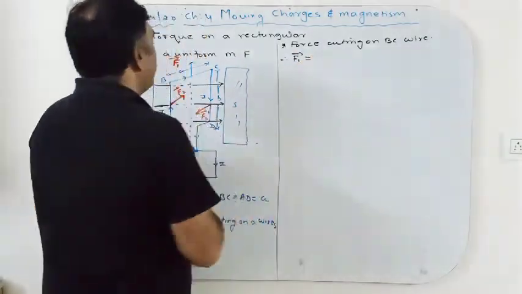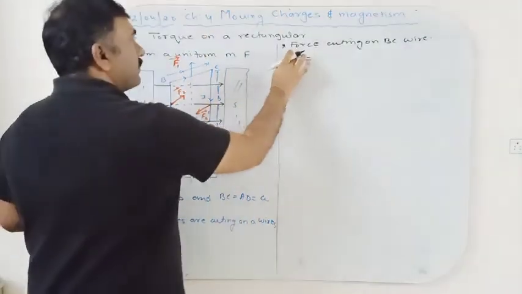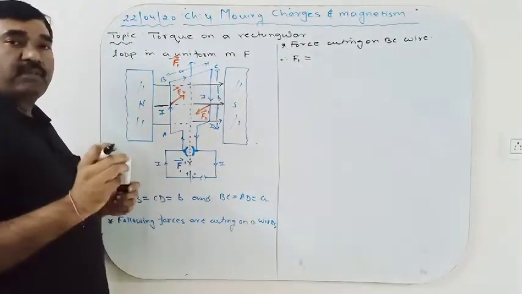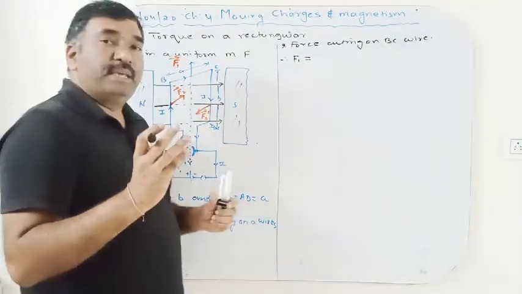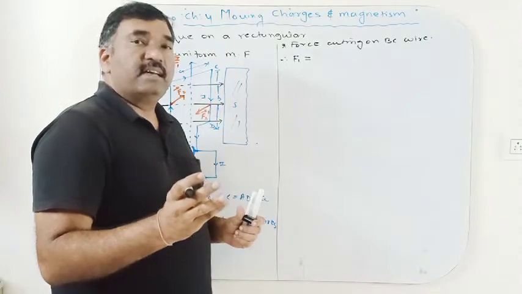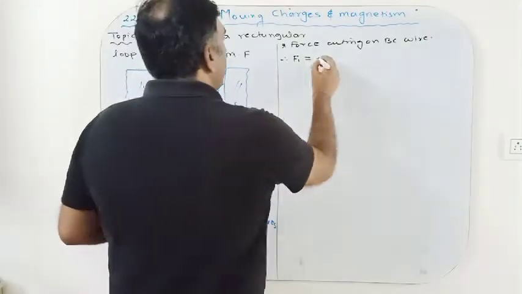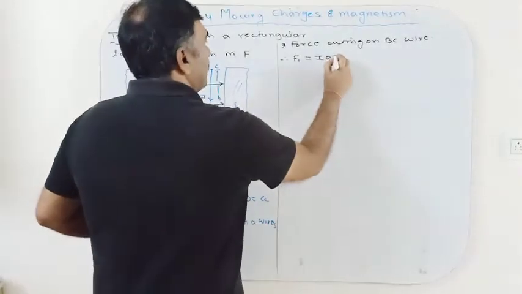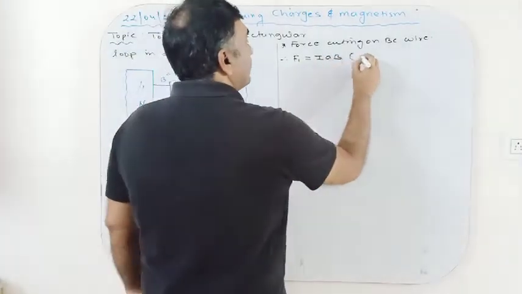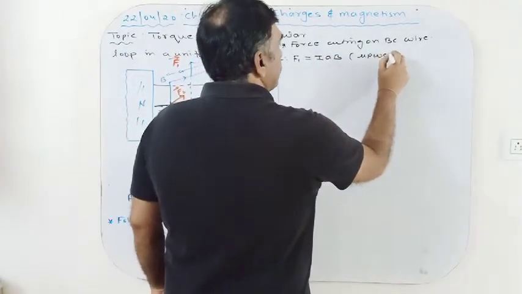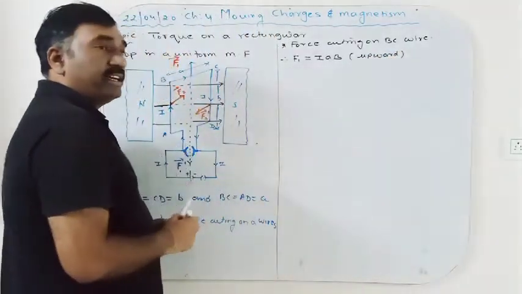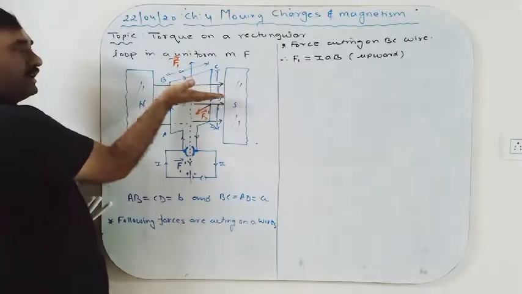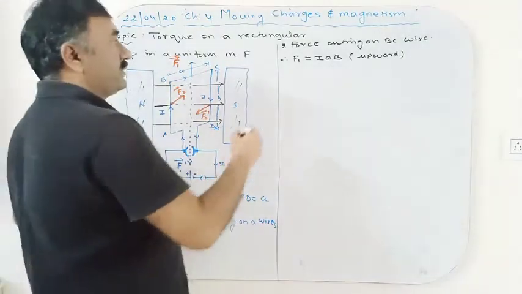What is the value of this force? The force acting on a conducting wire in a magnetic field is ILB, where I is the current, L is the length, and B is the magnetic field. Here the current is I, the length of this wire is A, and B is the magnetic field. If you apply the right hand palm rule, this force is in the upward direction.